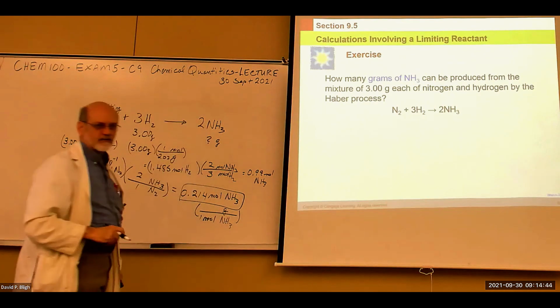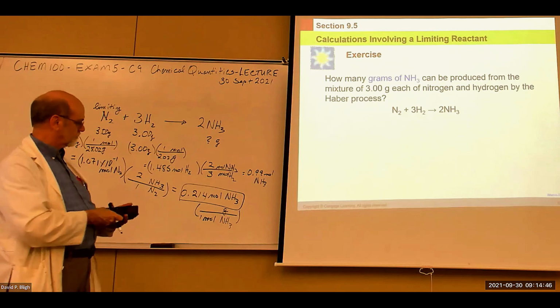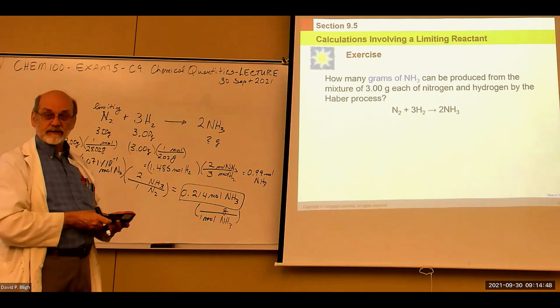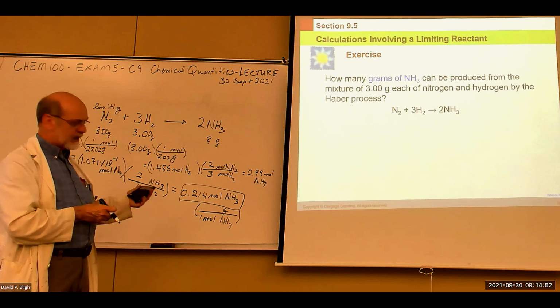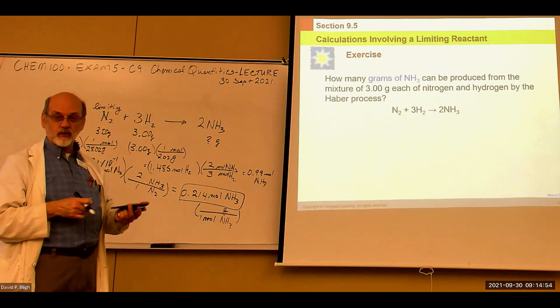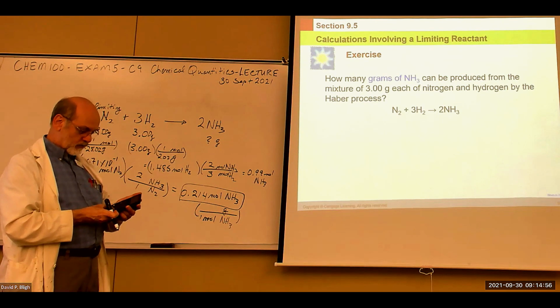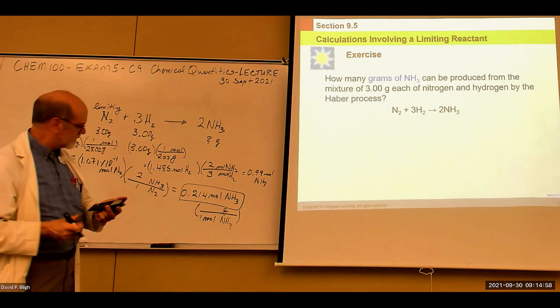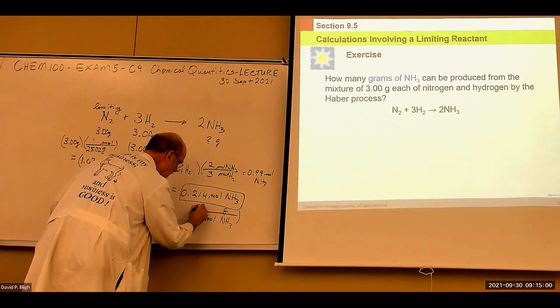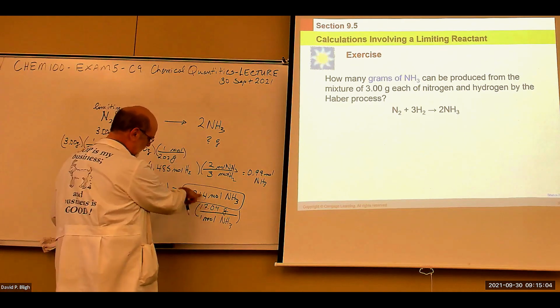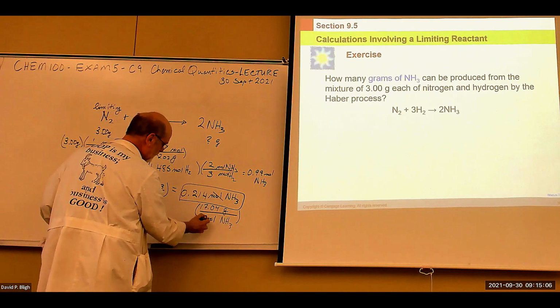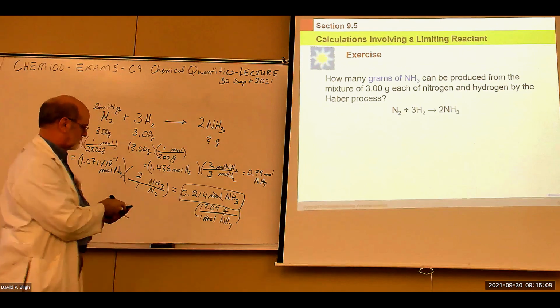So how many grams of ammonia in a mole? Well, nitrogen is 14.01. And hydrogen, 3 times 1.01 is 3.03. So that's 17.04 times this value, because that's in the numerator, that's in the denominator.